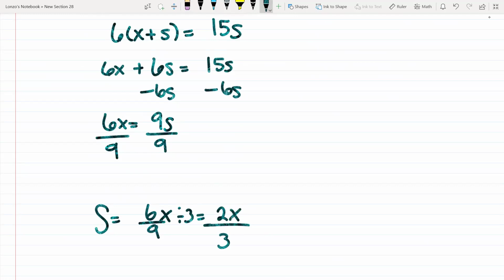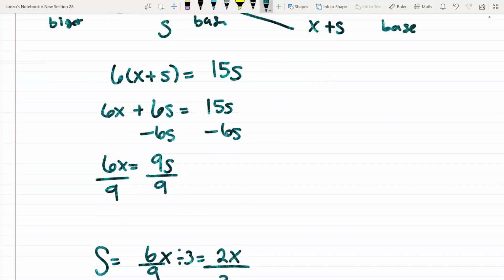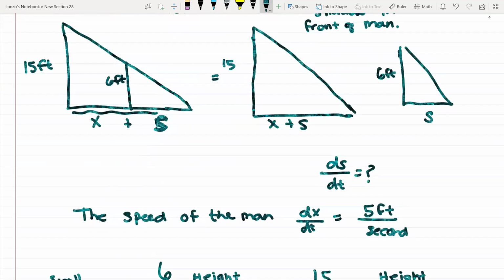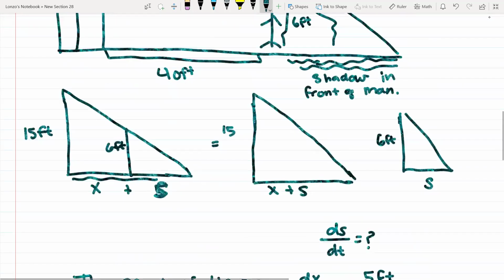Then what we're trying to do is find the speed of the tip of the shadow.